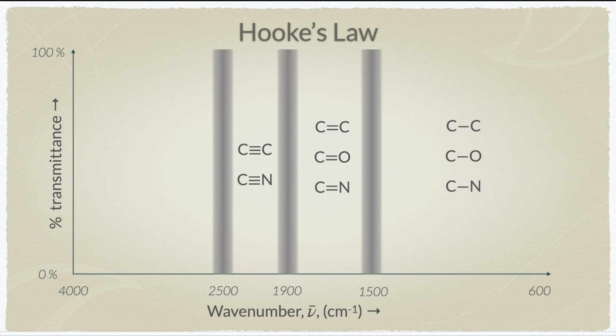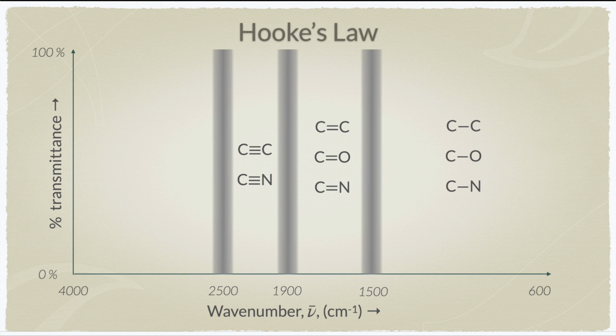So if you get the spectra of a molecule and somewhere in the region of say 1700 wave number, you will know that it is due to some double bond, and you can know exactly what kind of double bond it is, carbon-carbon or carbon-oxygen or carbon-nitrogen.